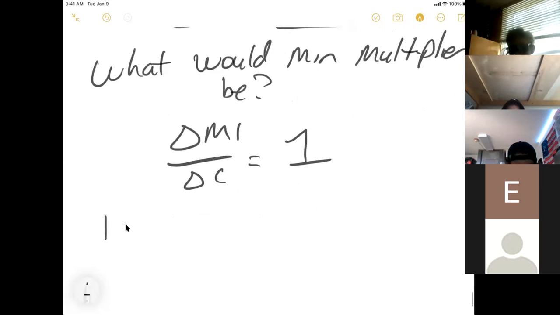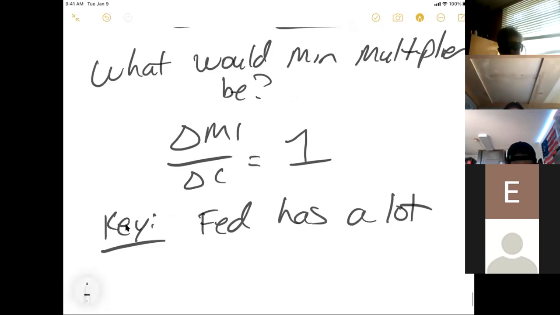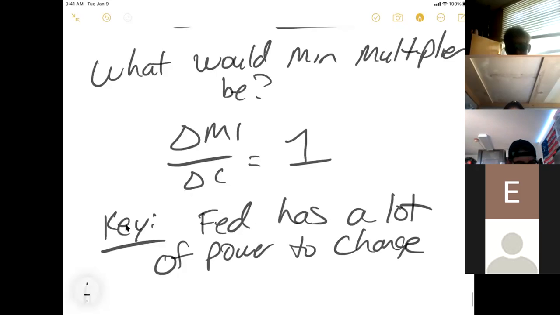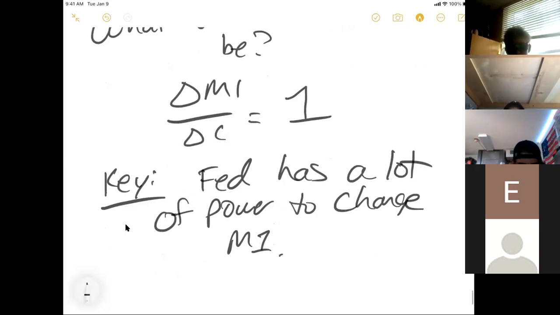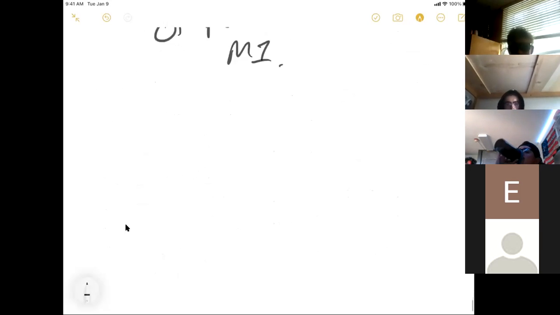So the key here is the Fed has a lot of power to change M1. And so this really leads us to what we need to talk about now, which is the Federal Reserve.